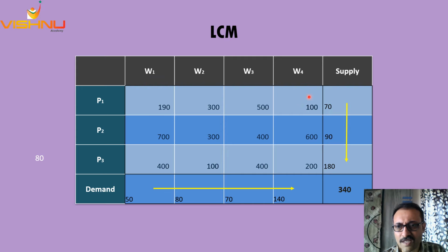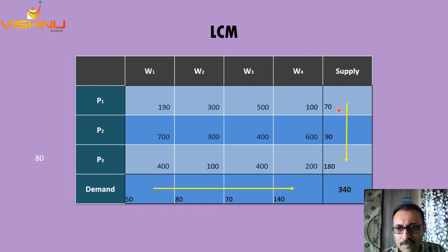Now someone raised a query saying, why can't we transport 80 when we have 140 here? Yes, looking only at this figure, I can transport even 140. But since this cell falls under this particular column as well as this particular row, we need to satisfy both the conditions.